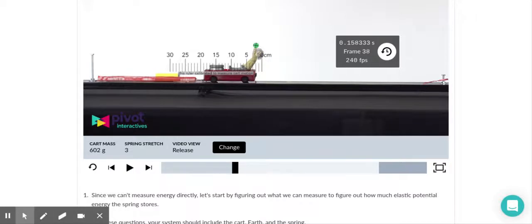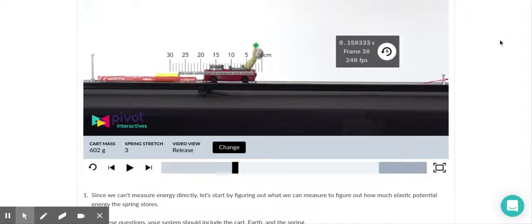Oops, I'm doing the division right now. 0.158333 is, I think, the time. Let me look. You guys can't probably see my calculator. And that gives me a speed of 1.20000 meters per second. Great, I'll call it 1.2.